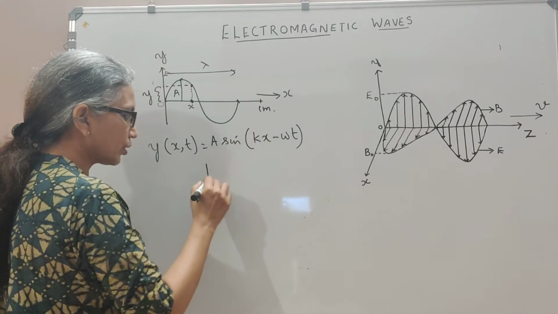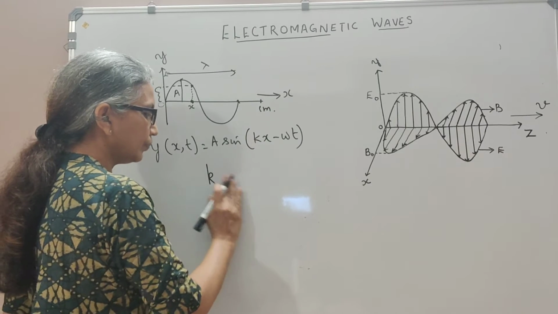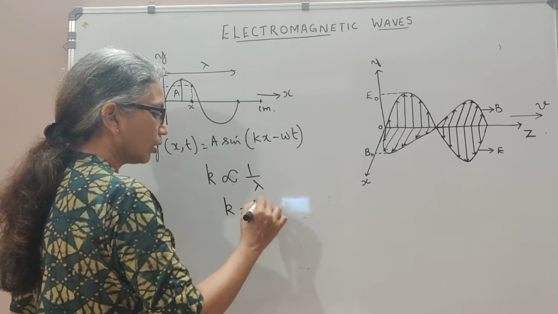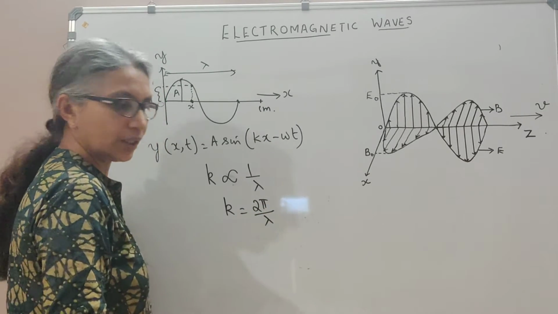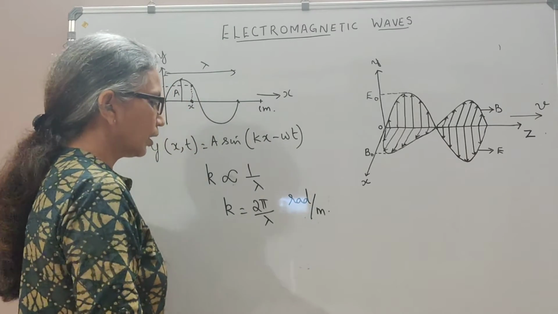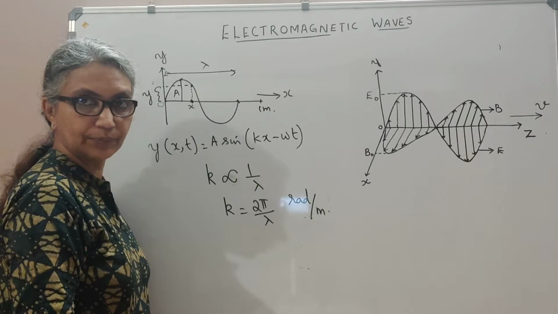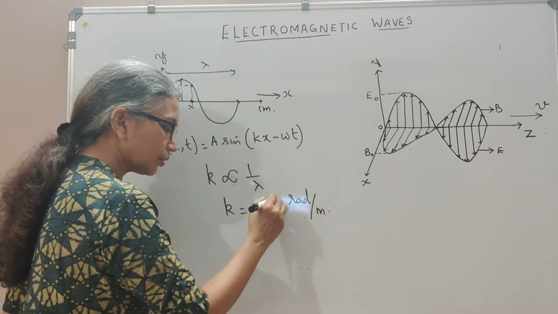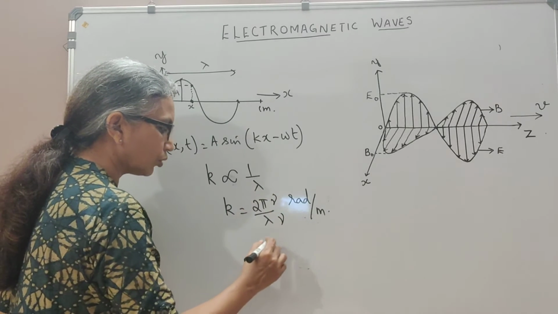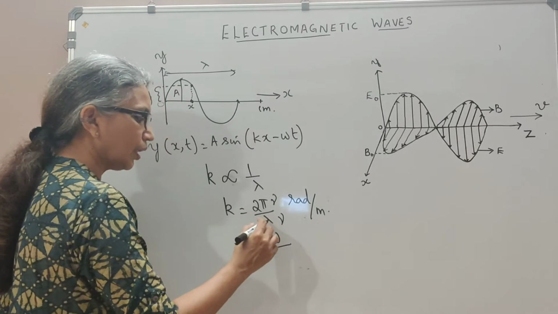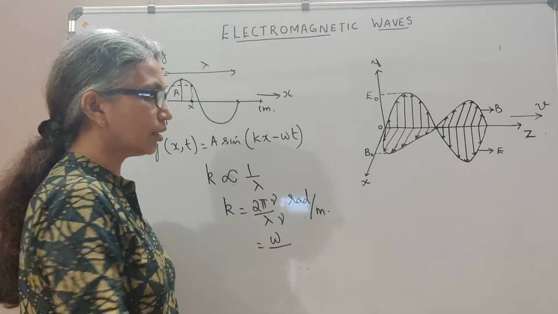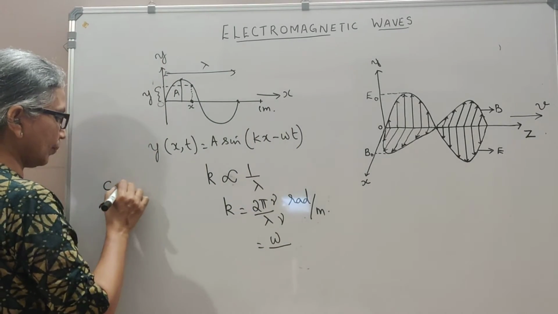So this k, which is called the wave number, is inversely proportional to lambda, or k is equal to 2 pi by lambda. Its SI unit is radian per meter. If I multiply with frequency, top and bottom, this 2 pi nu, you know, is omega, divided by lambda times nu, and that you know as C. I think you learned it in 9th standard: C is equal to nu lambda.